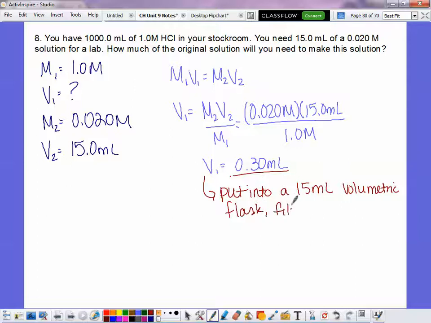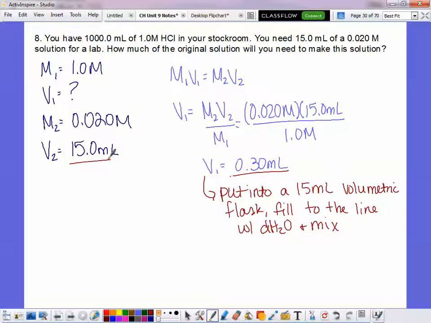You'd fill to the line, guys, with distilled water and mix. Because that's the size of the solution we're making.